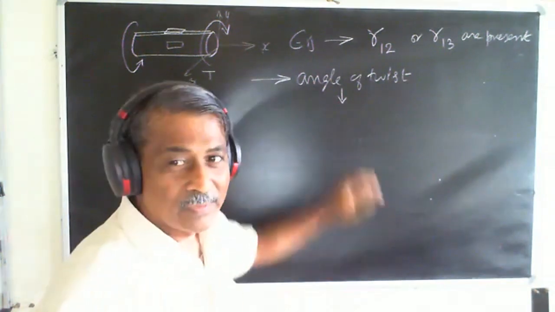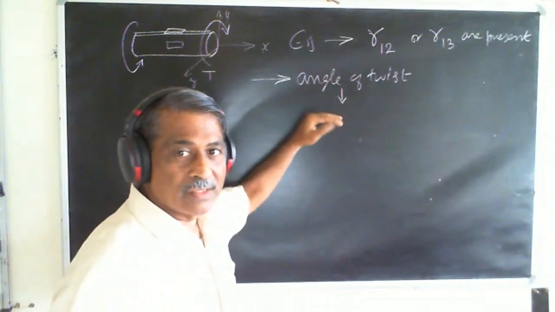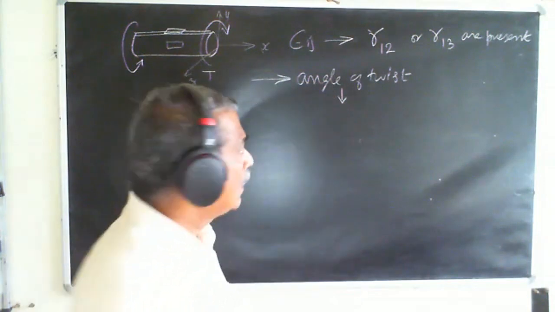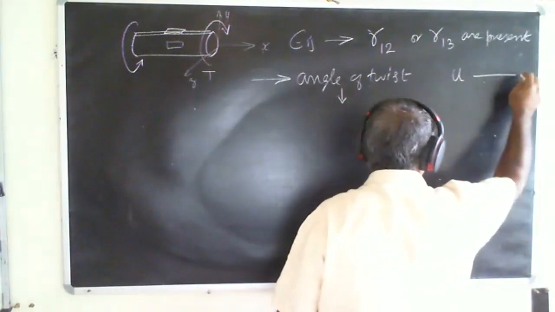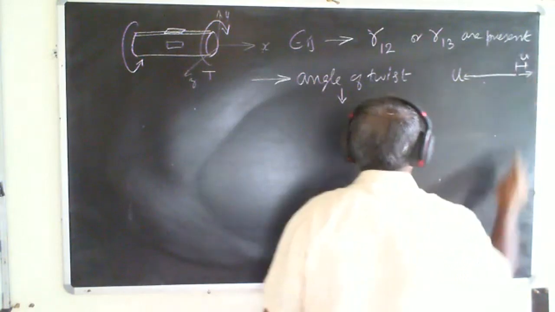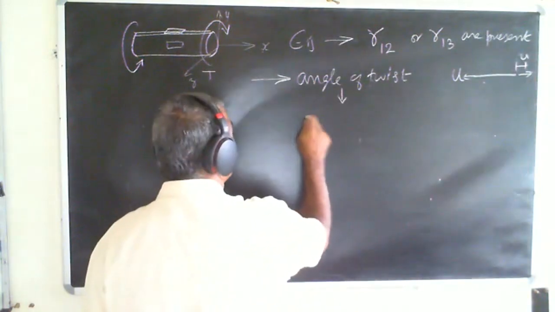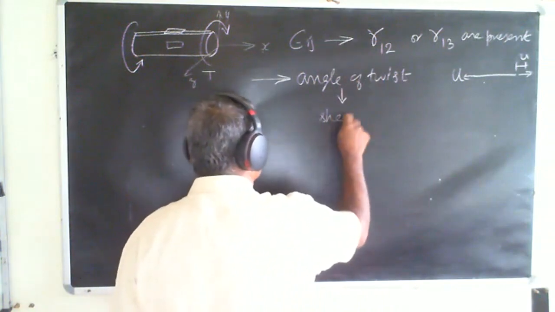From angle of twist, I should have gotten something, no? Angle of displacement is similar to the displacement u, right? For a bar. Strain. What strain in this? The shear strain, right?